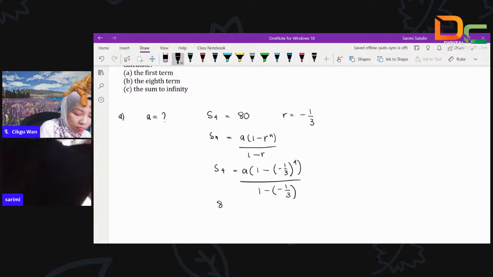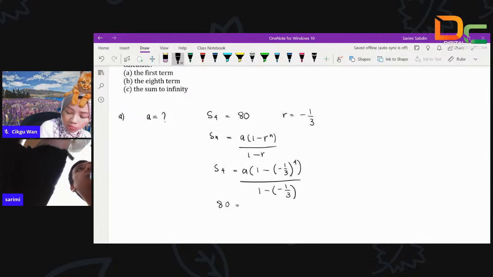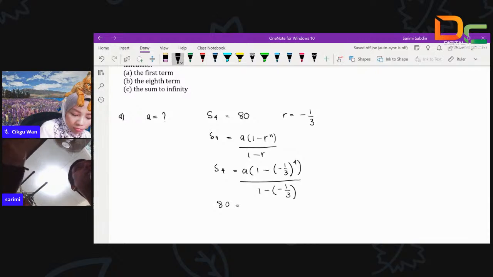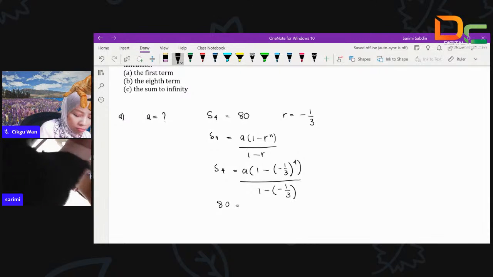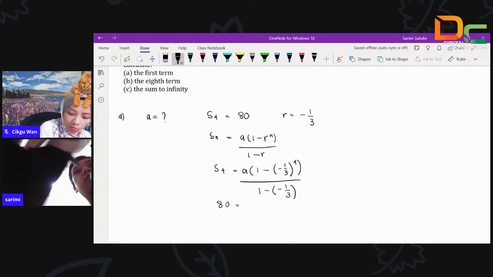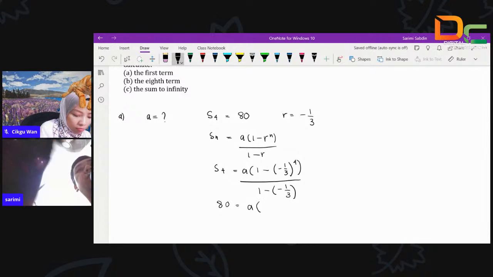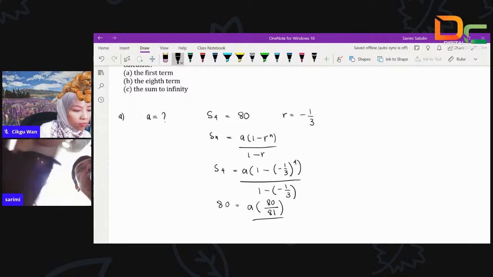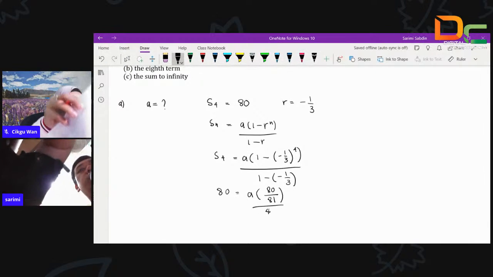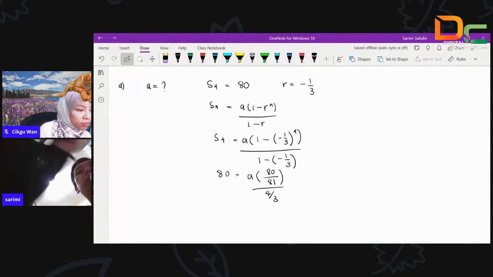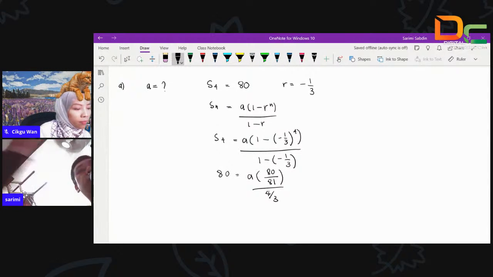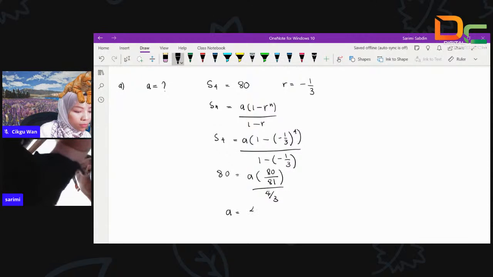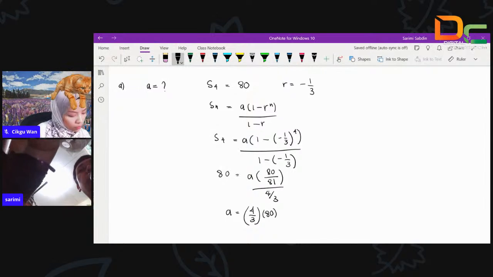And we know that S4 is 80. So we can simplify this. Atas ni jadi A times 80 over 81, bawah ni dia akan jadi 4 over 3. So we can bring all this information to the left hand side. So A is equal to 4 over 3 times 80 times 81 over 80.